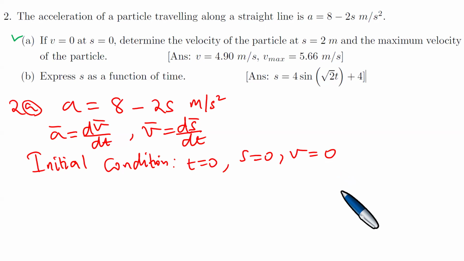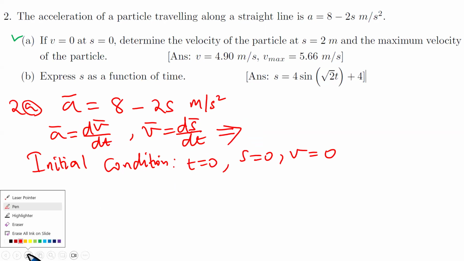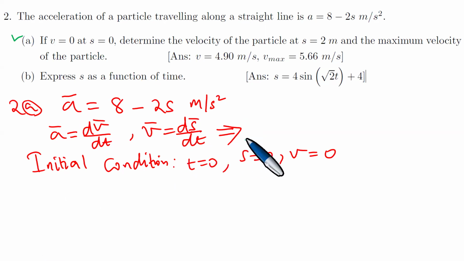And what then can we achieve out of this? Well, it means that whenever acceleration is given, we can replace the acceleration by dv dt. But from these two equations, we can obtain something. We can make dt the subject in both of these equations.